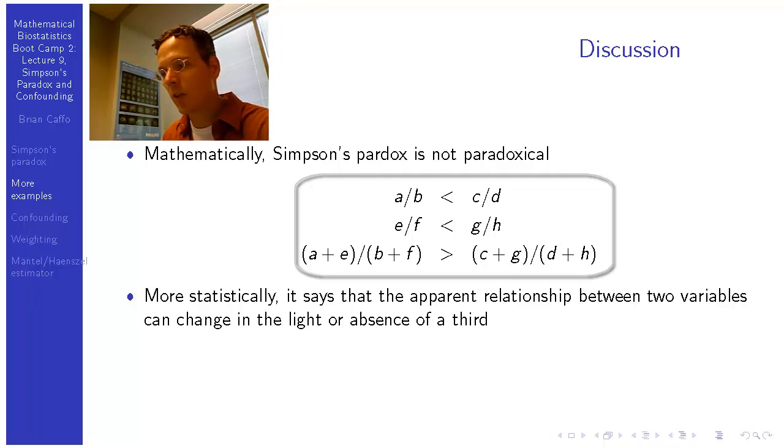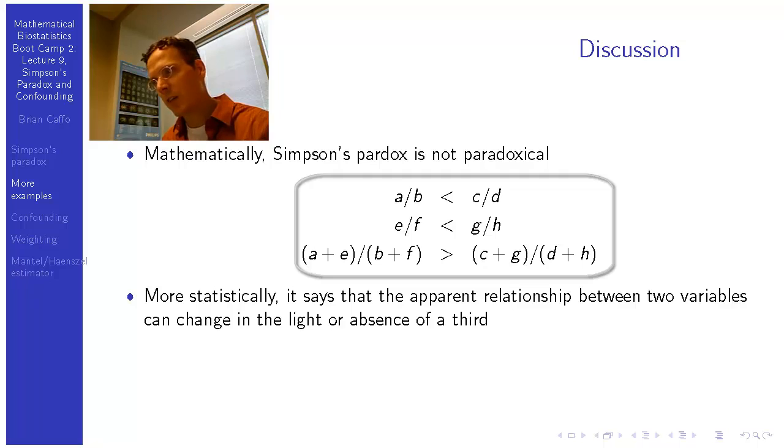You just have to put context around it. But it doesn't seem at all paradoxical when you state it as a couple of relationships between integers this way, right? Then it just doesn't seem very paradoxical anymore.